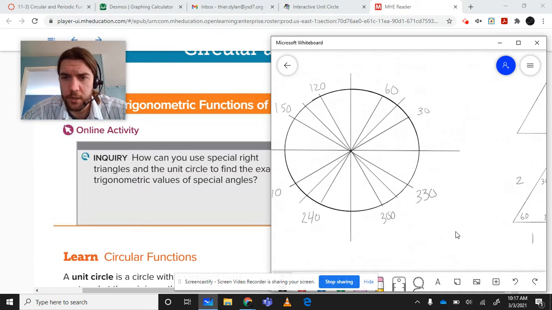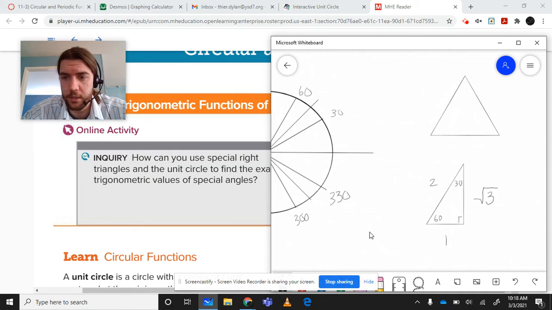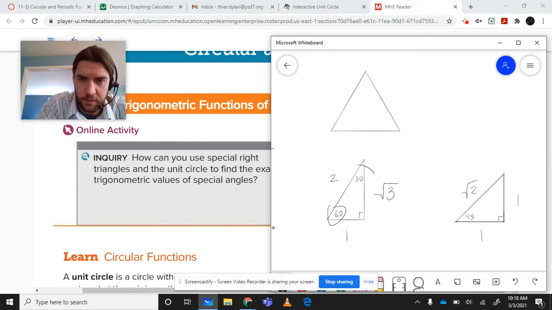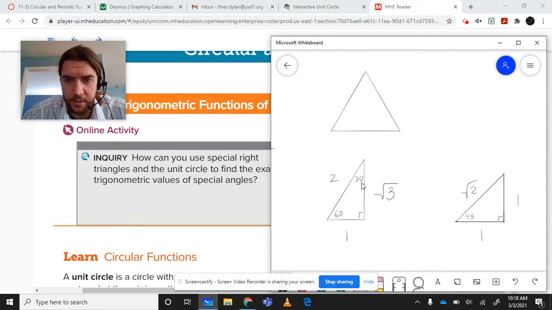If you'd seen my previous lesson video, I talked a little bit about where those special angles come from. So the 30s and the 60s come from a 30, 60, 90 triangle, a triangle that has the angles 30, 60, and 90 in it. It really just comes from an equilateral triangle that's been cut in half. So if you pick some numbers here, for example, I'm just going to pick 2 for the side length of my equilateral triangle, so 2, 2, 2 on all sides.